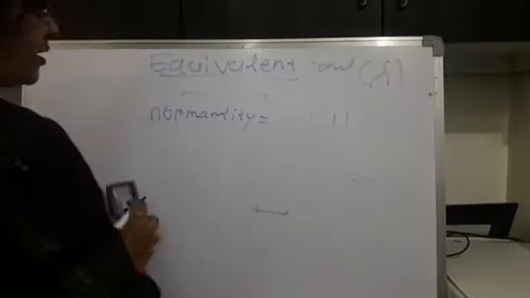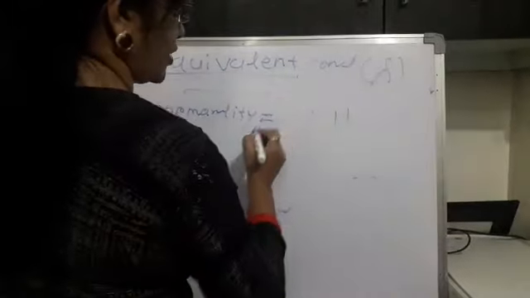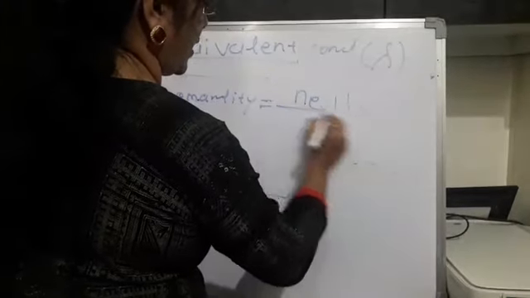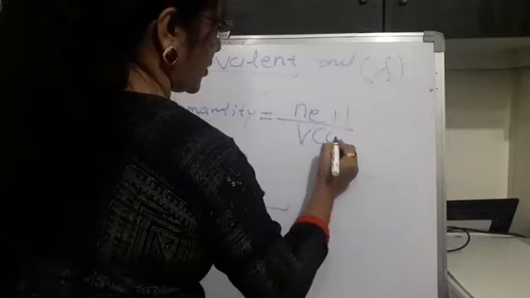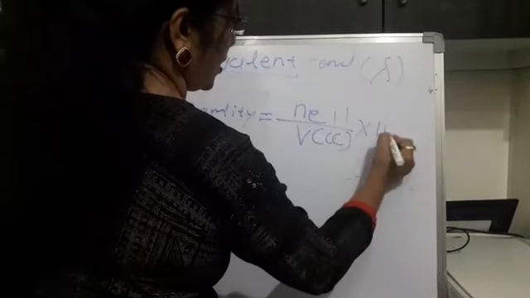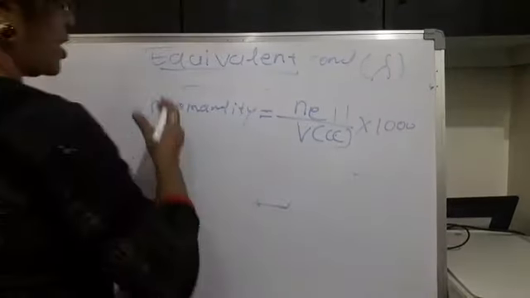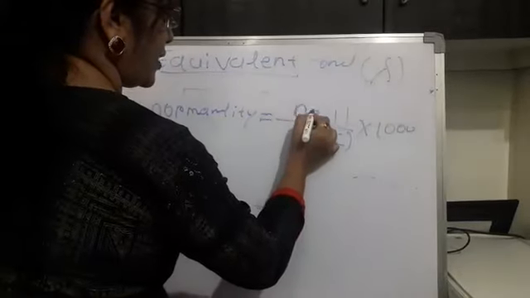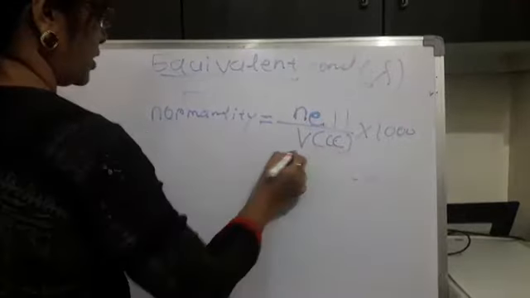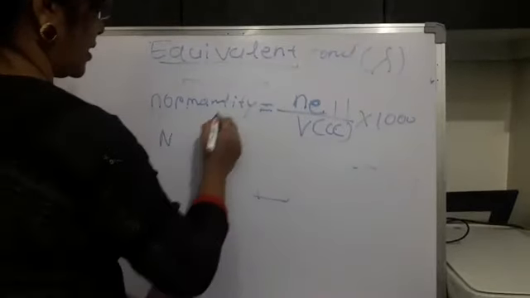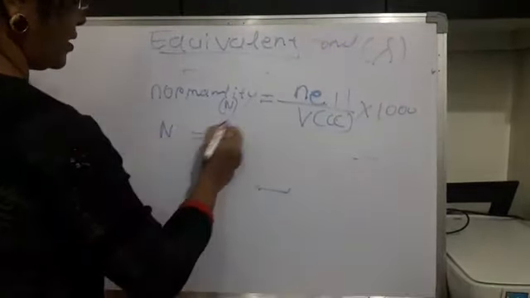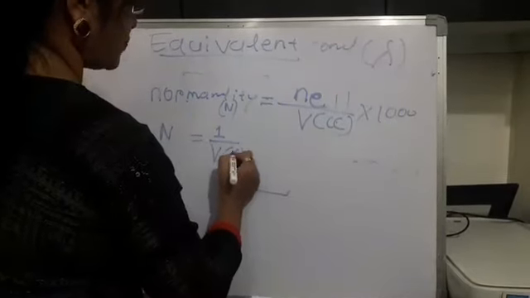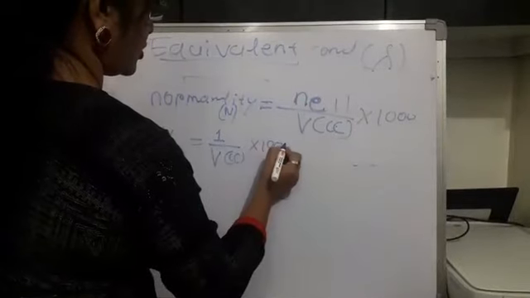For the equivalent conductance, the number of equivalents is 1. So normality N equals number of equivalents, 1, over V cc, into 1000.